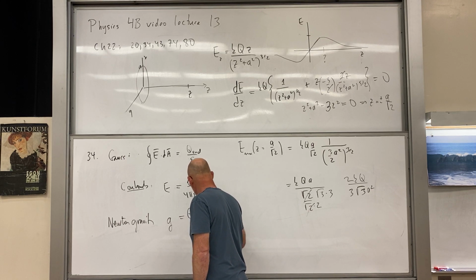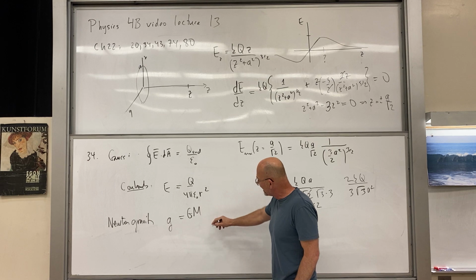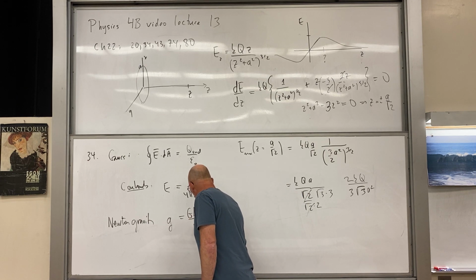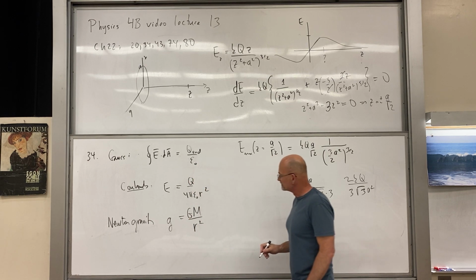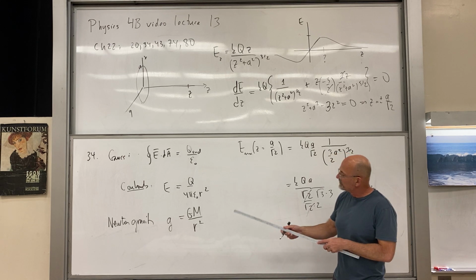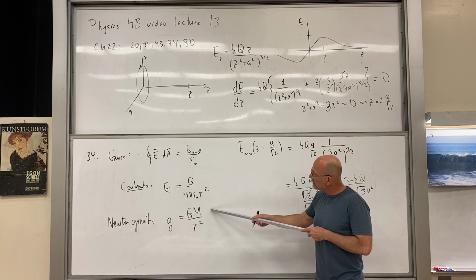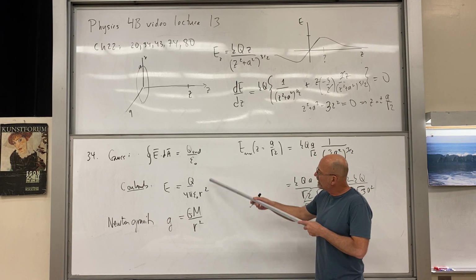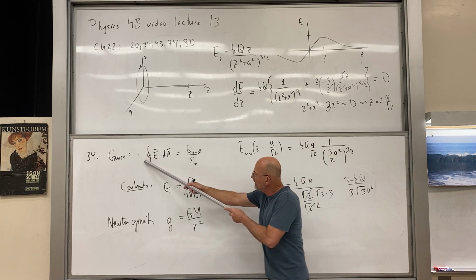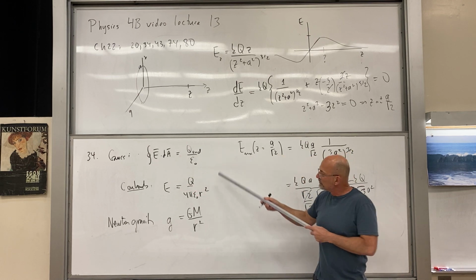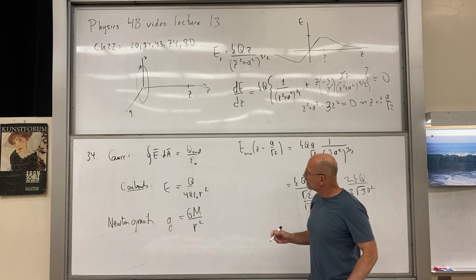Capital G, Newton's gravitational constant, times m over r squared. Okay. So the thing is, we've got this 1 over r squared law, and if we want to have the analogous Gauss's law for gravity, we really just have to make some substitutions.